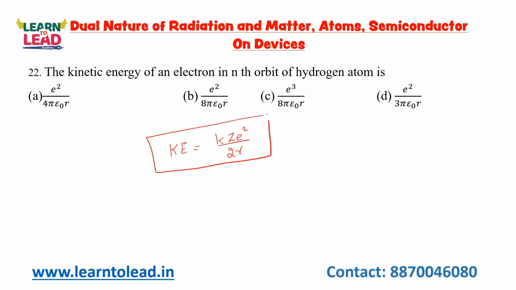K's value is 1 by 4 pi epsilon naught, and for hydrogen atom Z is equal to 1, so I get e square by 8 pi epsilon naught R. K is equal to 1 by 4 pi epsilon naught; you should be able to say it even if asked in your sleep. And kinetic energy is equal to K Ze square by 2R, that you should know. Do you understand this?